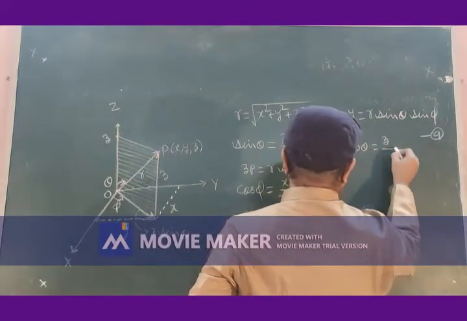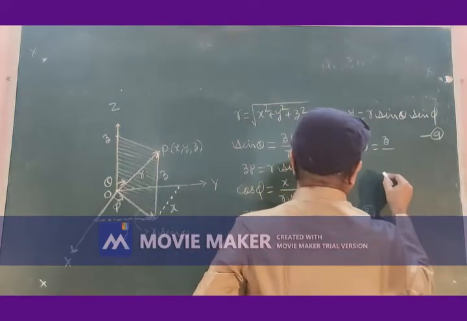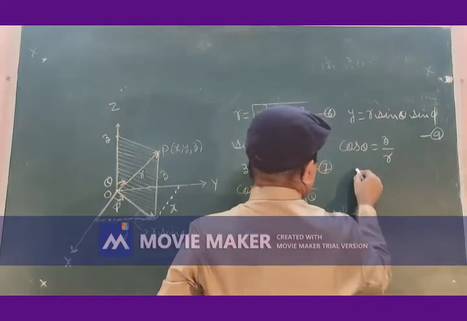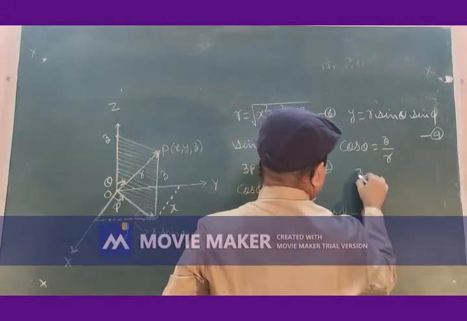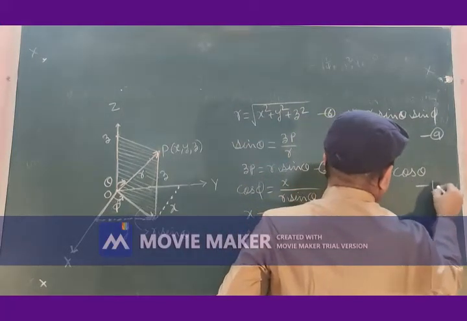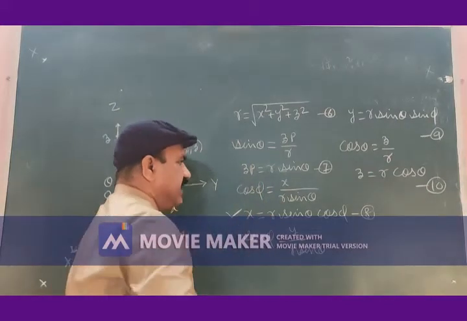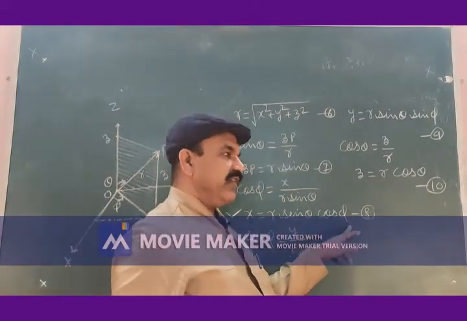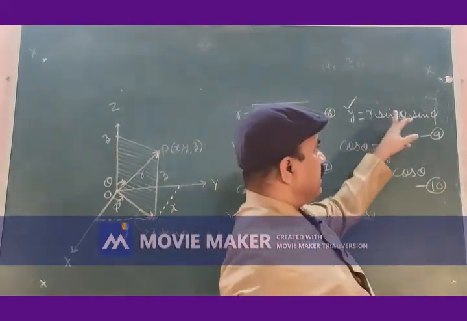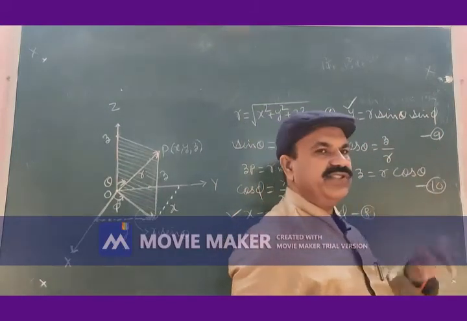Z divided by r, or we can simply put z is equal to r cos theta, equation number 10. This is x in terms of r, theta and phi. This is y in terms of r, theta and phi. This is z in terms of r and theta.